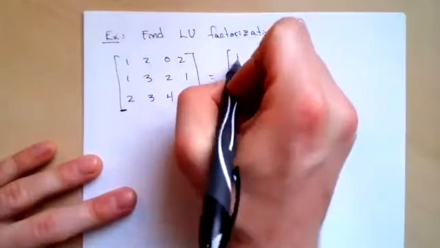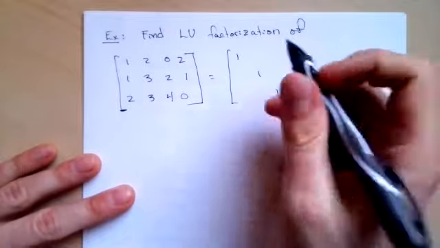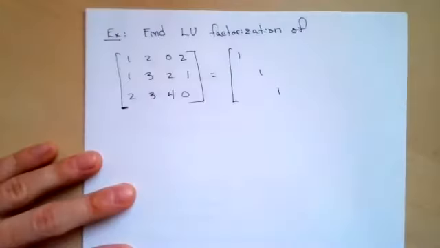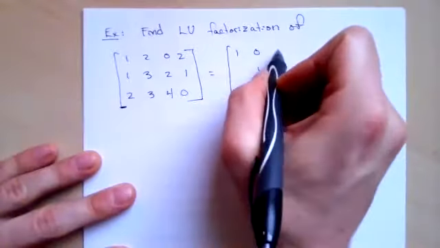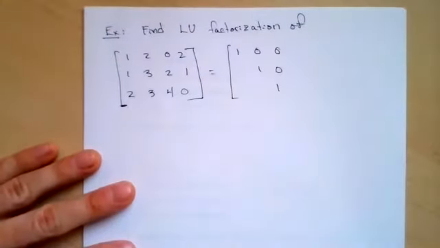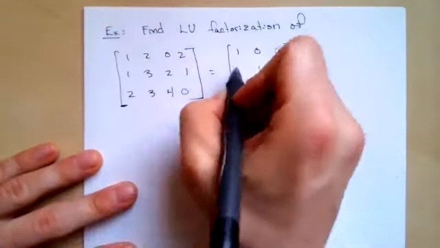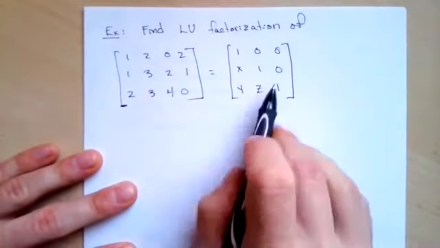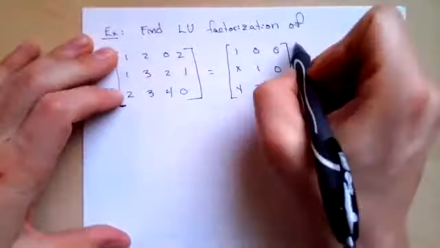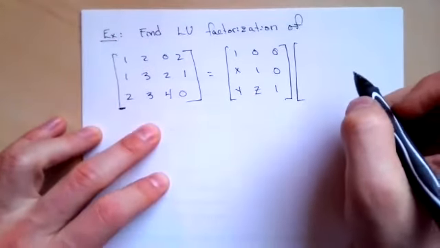You're going to have ones on the diagonal. And what does lower triangular mean? It means the entries are on the lower side of that diagonal, and all the entries above the diagonal are 0. So we want to be able to write this matrix as a product of some matrix of this form times an upper diagonal matrix.